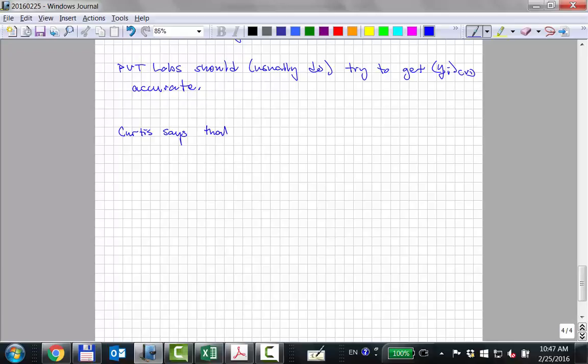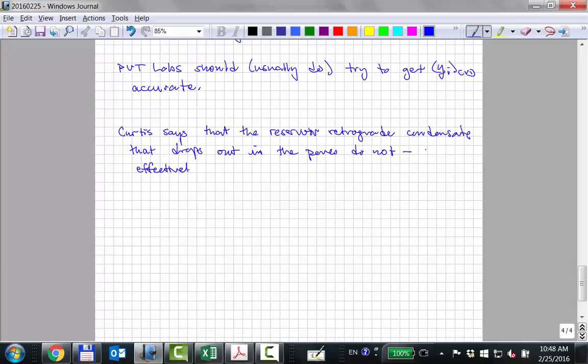Curtis says that the reservoir retrograde condensate that drops out in the pores does not, for practical purposes, on the whole, okay, this is the key, effectively flow to the wells.